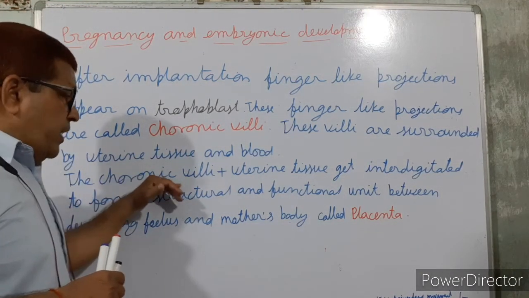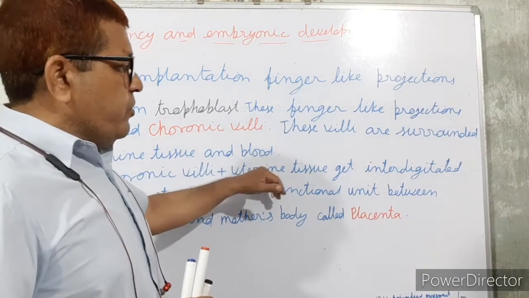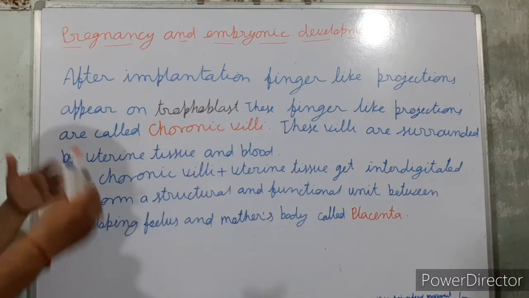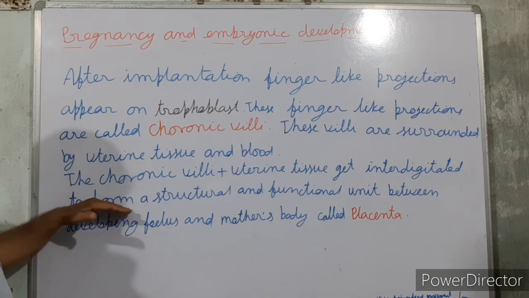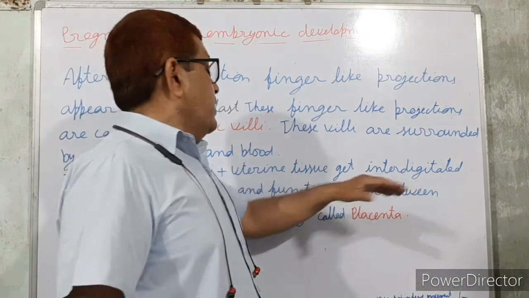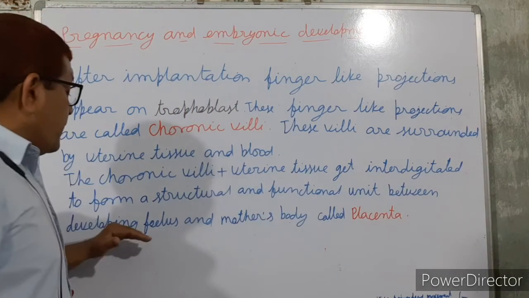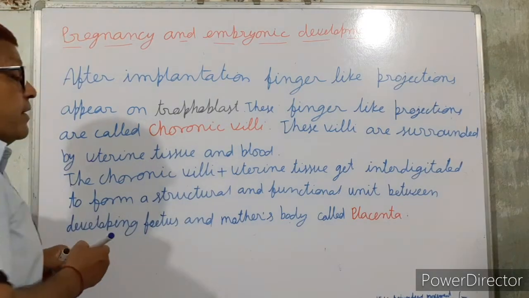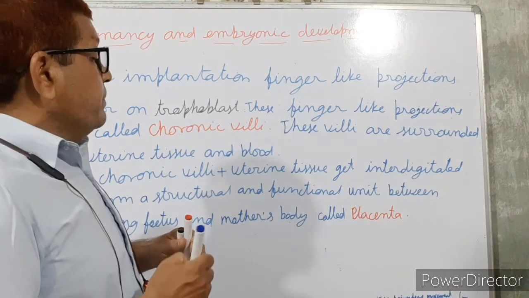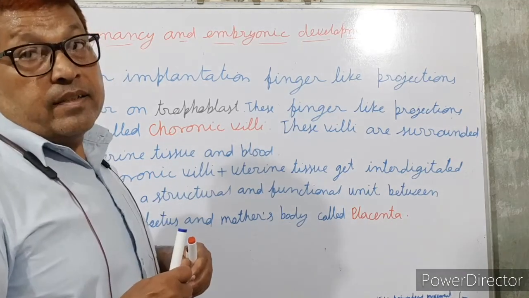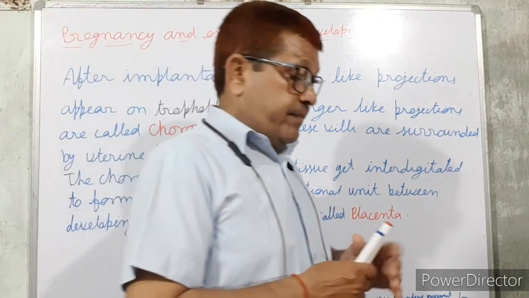The chorionic villi plus uterine tissue get interdigitated with each other to form a structural and functional unit between the developing fetus and the mother's body called the placenta.